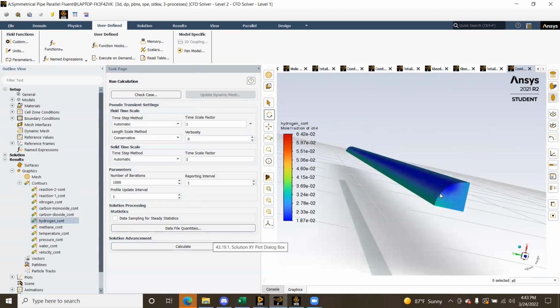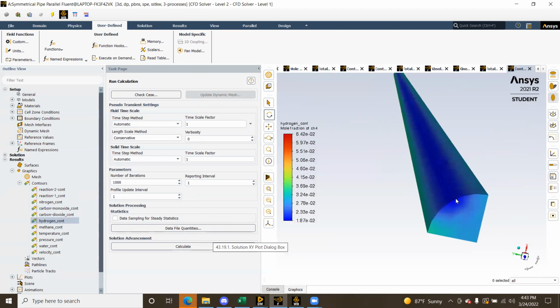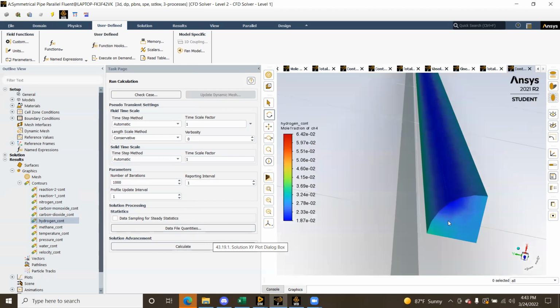One thing that I noticed about a lot of these contours, and I don't know if this is a problem or not, is that it tends to be darker towards wherever we drew a line from the axis that bisected this angle at 45 degrees.